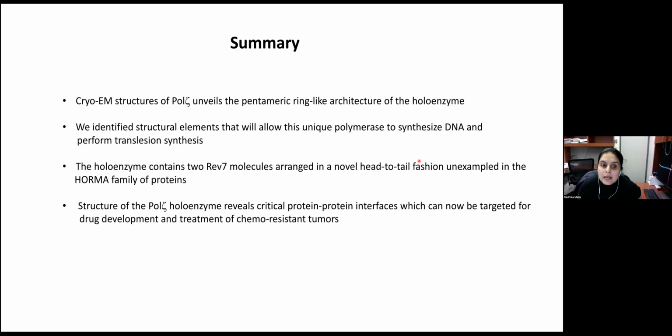The holoenzyme had these two molecules of Ref7, which were arranged in a unique head-to-tail fashion, which has never been seen in the Horma family of proteins. And the structure of the Polζ holoenzyme reveals critical protein-protein interfaces, which can now be targeted for drug development for the treatment of chemo-resistant tumors.